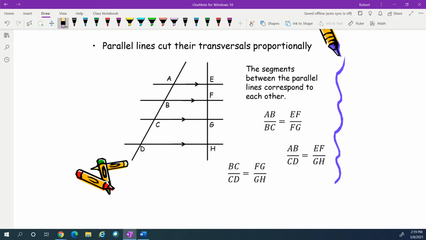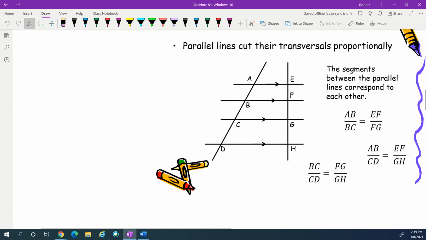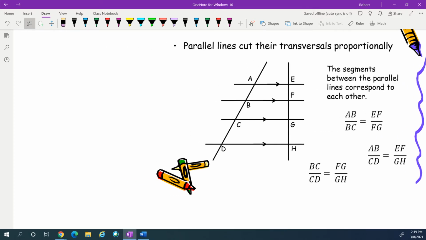And again, it doesn't have to be the small sections. For example, AB and BD, well, that corresponds to EF and FH. The corresponding parts are the parts between the same parallel lines.